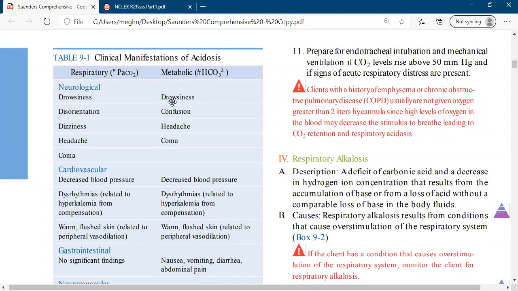If untreated, it leads to coma. Coma means near death; the patient is unconscious.